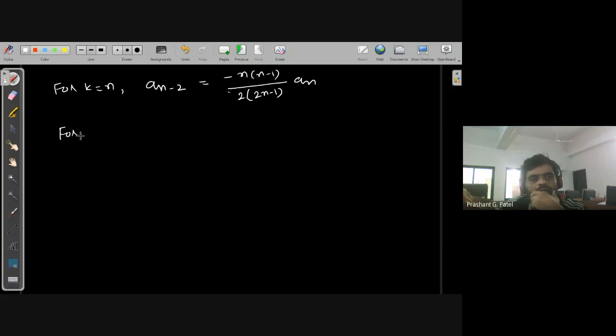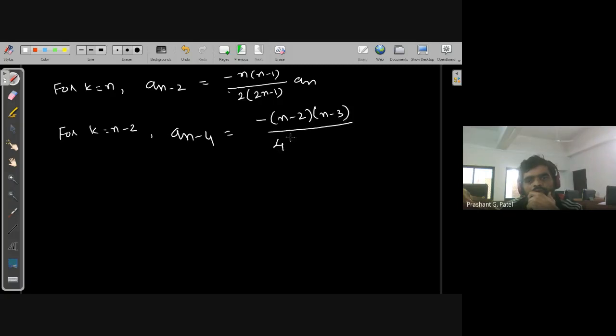For k equal to n minus 2, we have an minus 4, which is minus n minus 2 into n minus 3 upon 4 into 2n minus 3 into an minus 2.